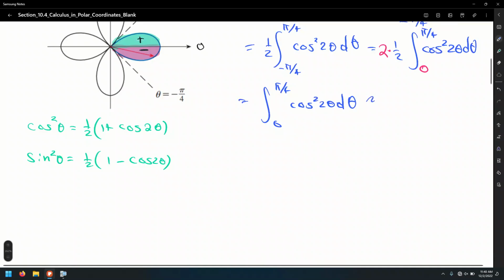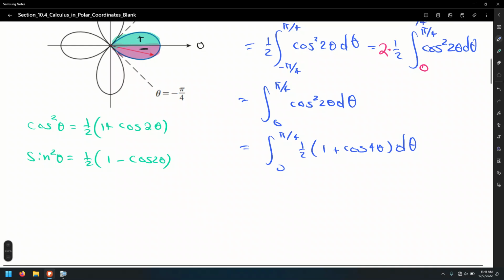So I'm going to replace this with, and I'm going to make a mistake on purpose here to see if you can catch it, pi over 4, that's 1/2, 1 plus cosine 2 theta. 4 theta, right? It has to be 4 theta. That's the mistake I did, because for a given angle, whenever we use the identity, we have to duplicate the angle. So in this case, we already have a 2 theta. When we use the power reduction formula, we need to duplicate that, all right? And, well, that becomes a 4 theta.